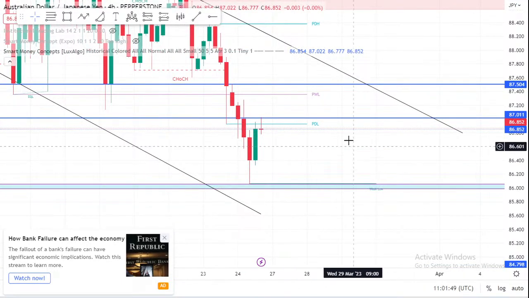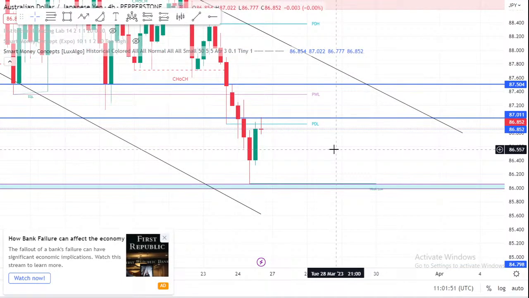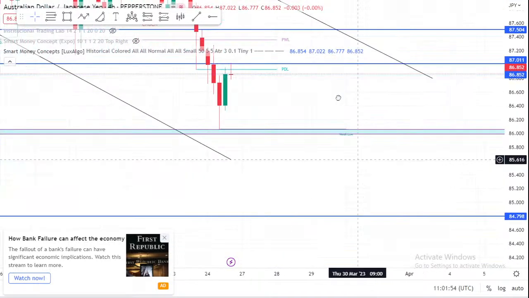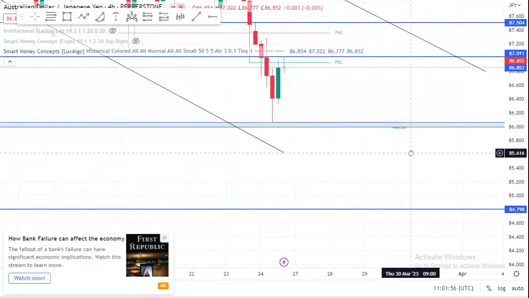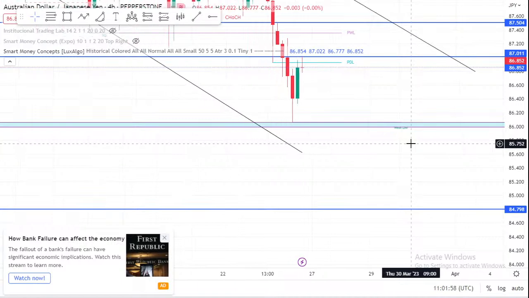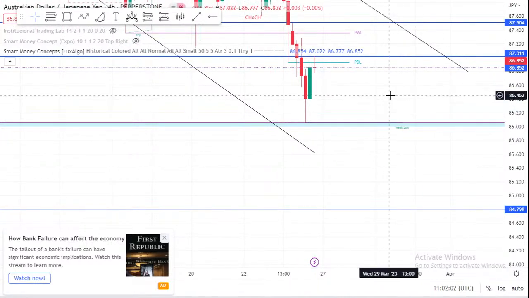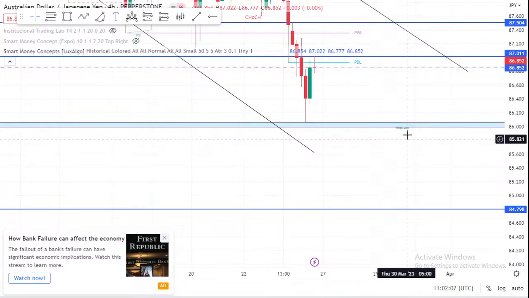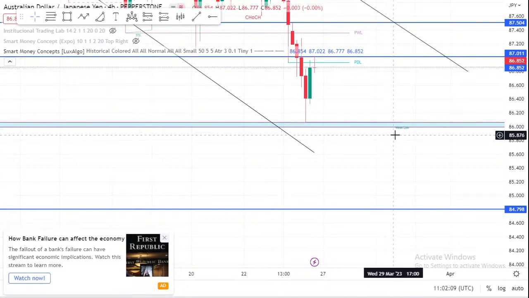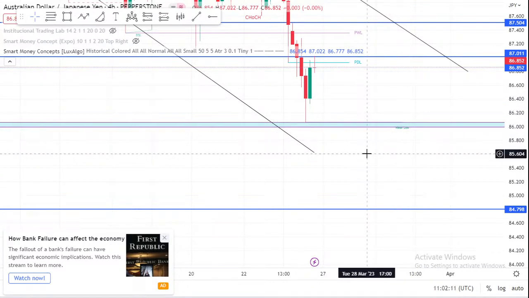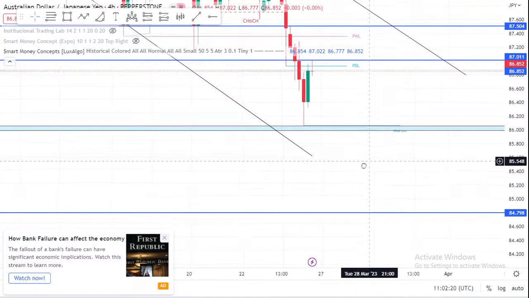So this analysis will show you some of the points where we have a weak low and a strong high. Whenever you see the market has touched this zone where there is a weak low, you will see a push to the upside. Whenever there is a weak low or a weak high, weak, not the week number of days, weak as in tired.